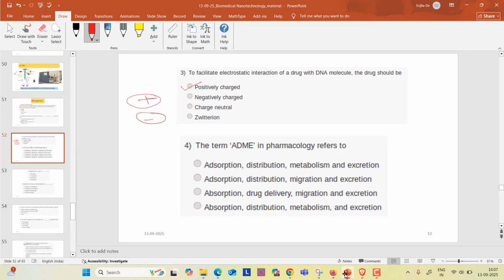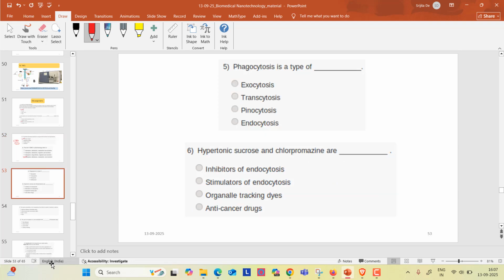It is the absorption, distribution, metabolism, and excretion. Okay, so it is 4. Absorption, distribution, metabolism, and excretion. Next, phagocytosis is a type of what?